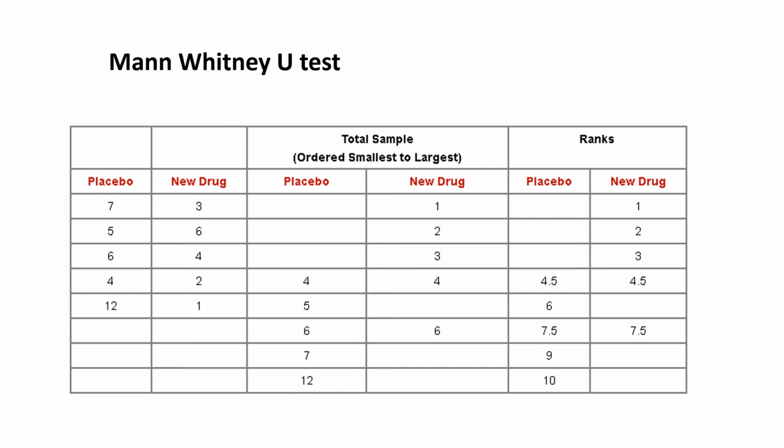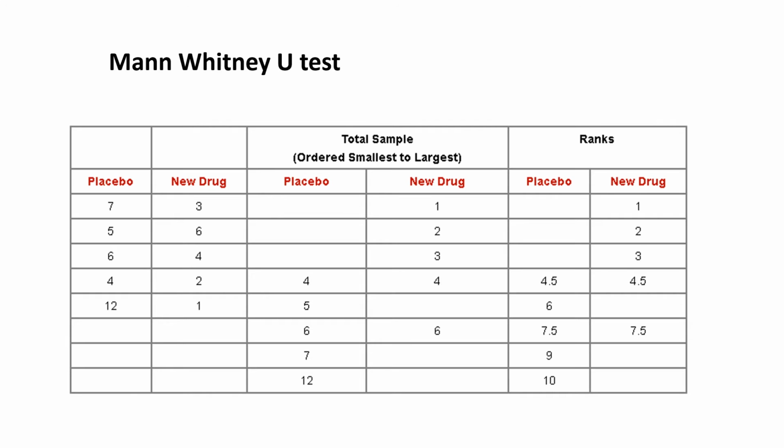So there are two samples, placebo and a new drug. What are the values of the placebo group? 7, 5, 6, 4 and 12. And the values of the new drug group are 3, 6, 4, 2, 1.